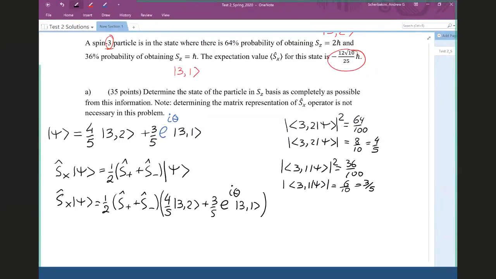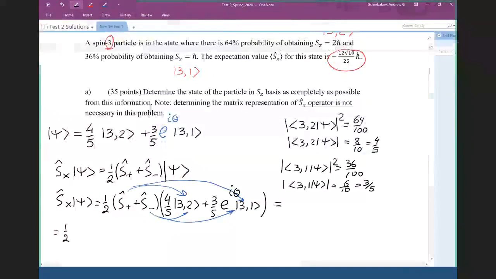We remember how to do that, don't we? So 1/2. Let's apply the raising operator first, and then the lowering operator. It doesn't really matter in which order you do that, obviously.